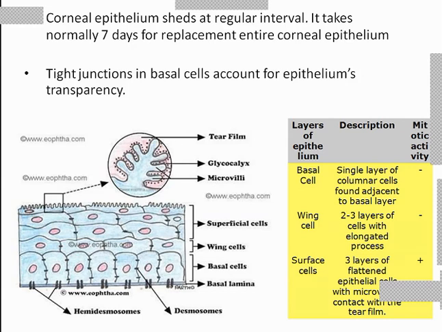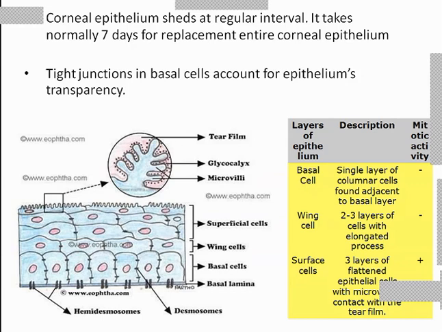So tight junctions in the basal cells account for epithelial transparency. You can see tear film is very, very important in the nourishment and nutrition of the cornea. Tear film has got 3 layers again. What are the 3 layers? The superficial lipid layer, then the middle aqueous layer, and the third is the mucin layer.